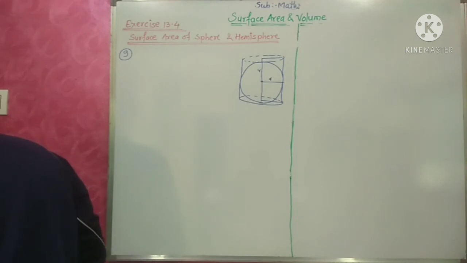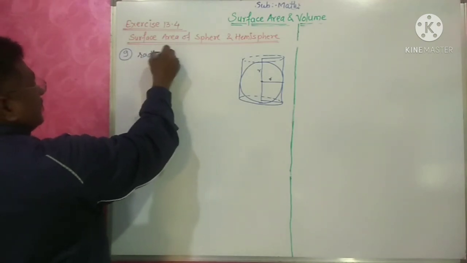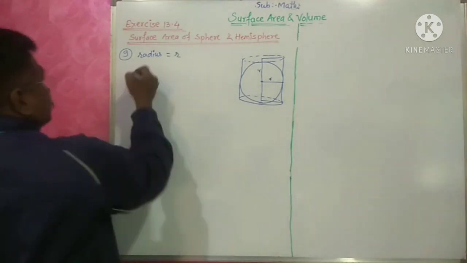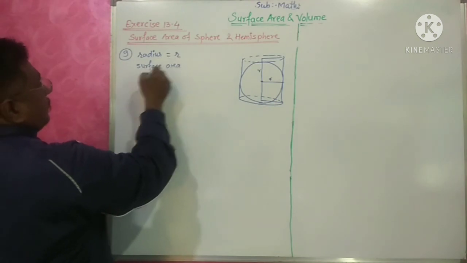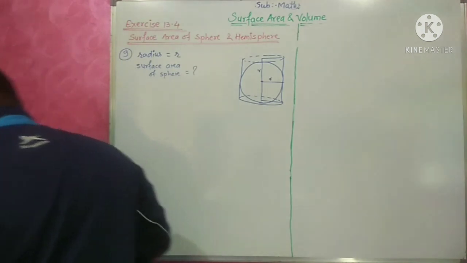Now, one: surface area of the sphere. The radius is given as r, and we have to find the surface area of the sphere.